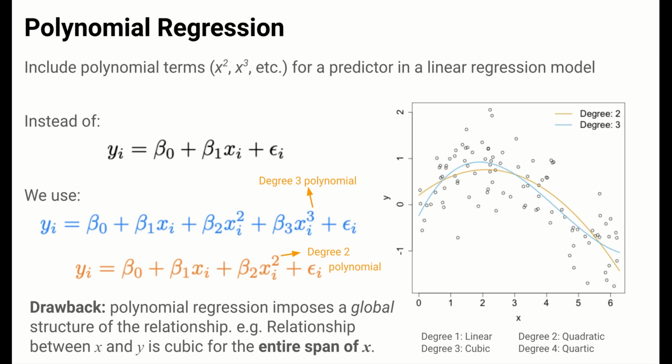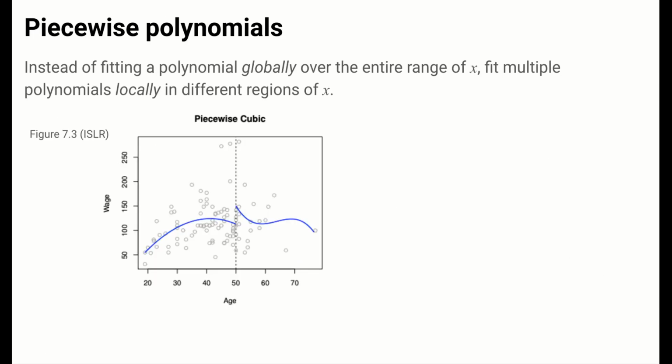This can be limiting if, for example, the relationship looks cubic from 0 to 3 and linear from 3 to 6. So we can ask, is there a way to make polynomials in pieces? We actually can. Let's look at the idea of piecewise polynomials.